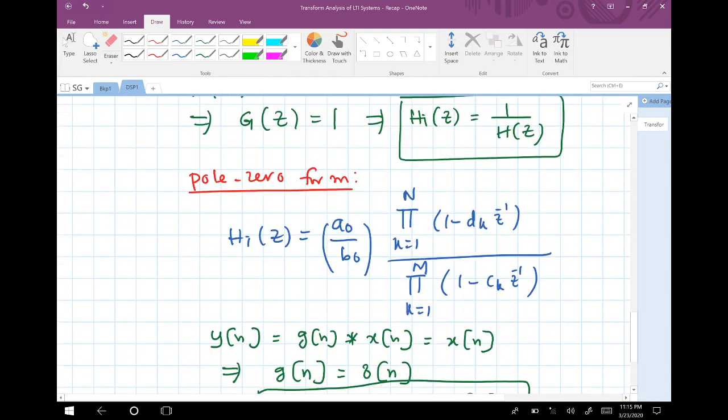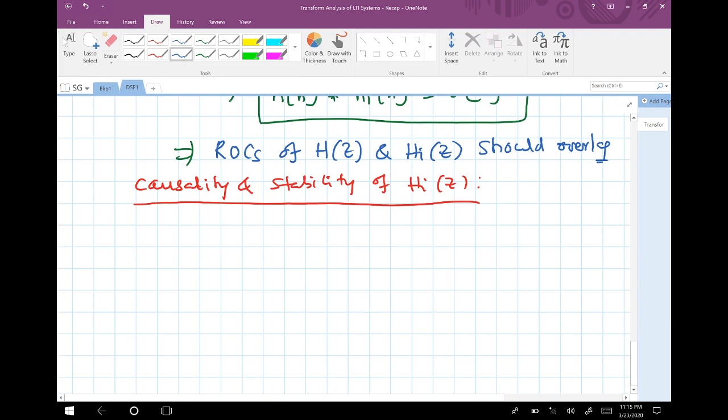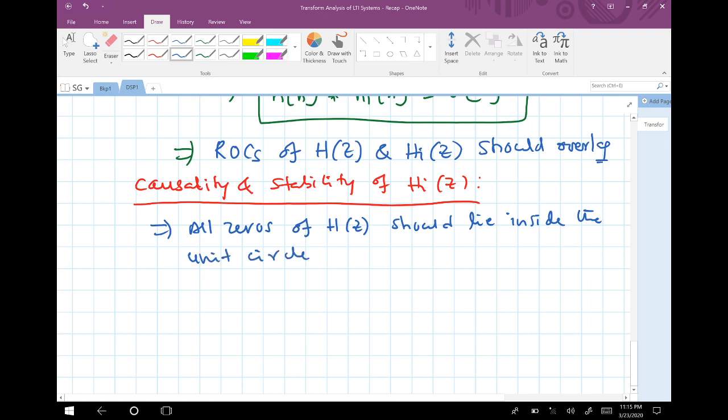So what should happen here? All zeros of H(z) should lie inside the unit circle. That's the condition, and the ROC is outside the outermost pole anyway for the other things.